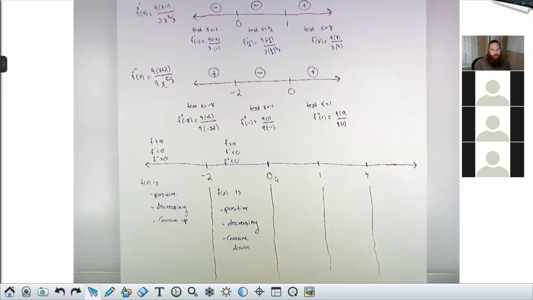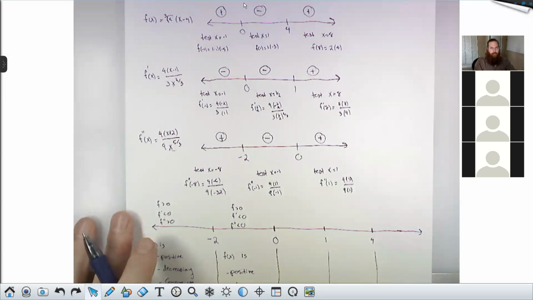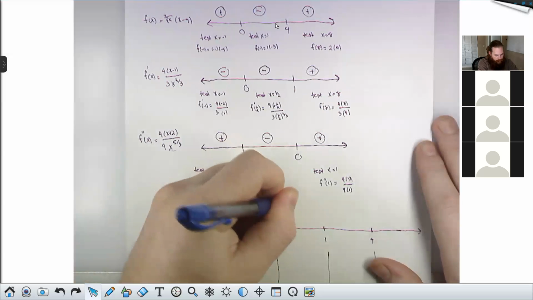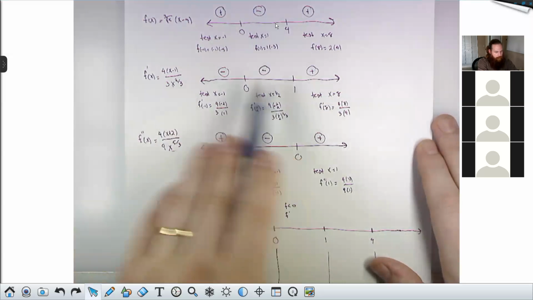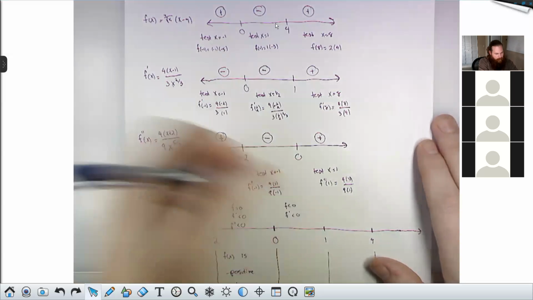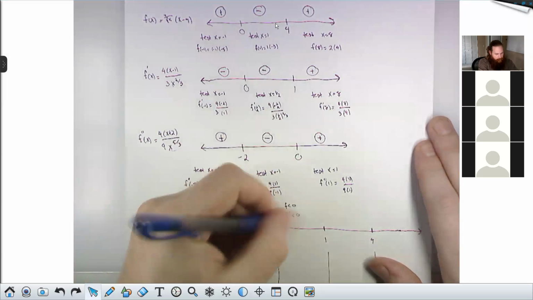In the region from 0 to 1, f itself is negative. F prime between 0 and 1 is also negative, right? Am I seeing that right? Yeah. And f double prime becomes positive.